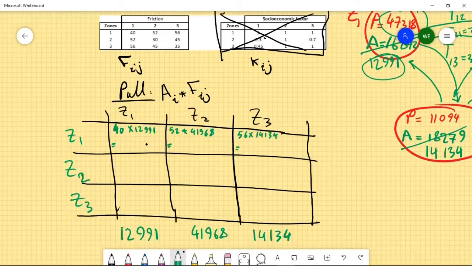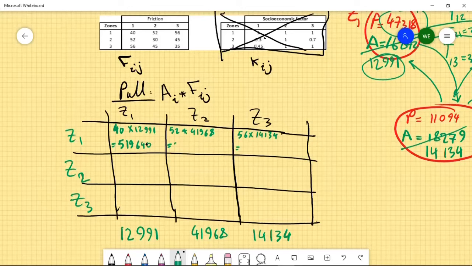So the numbers here will be 40 multiply 12991. So here it's 519,640. The other one will be 52 multiply 41,968.